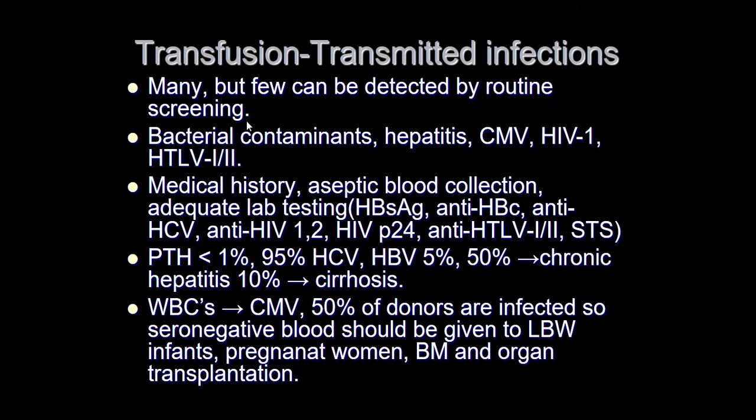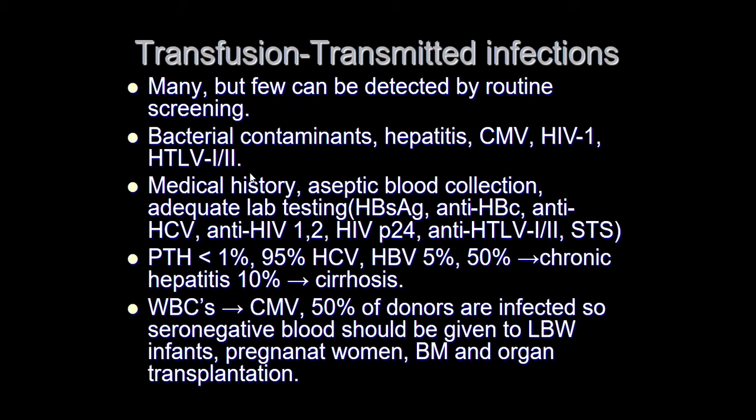Remember hepatitis C and hepatitis B. Bacterial contamination is a possibility, and hepatitis C and B, as I said, cytomegalovirus, and the HIV virus are very important to monitor in those patients. And of course HTLV 1 and 2 can be screened for also.